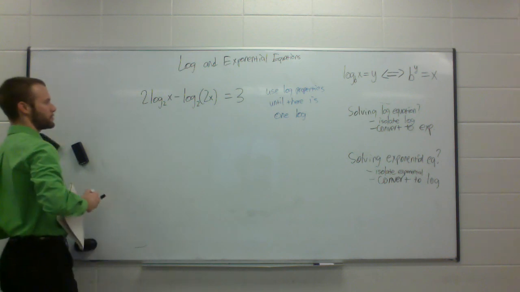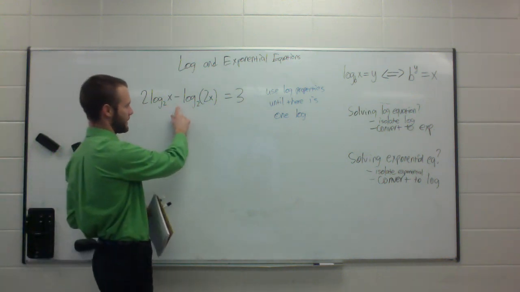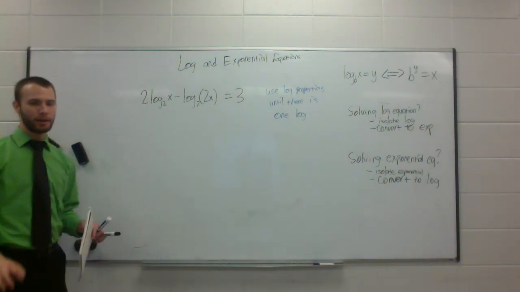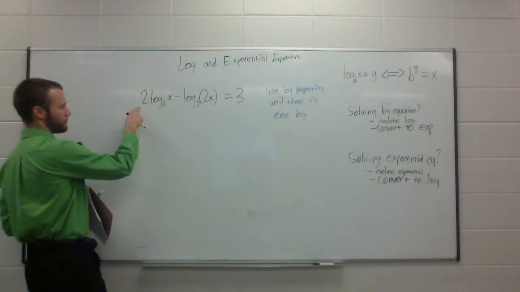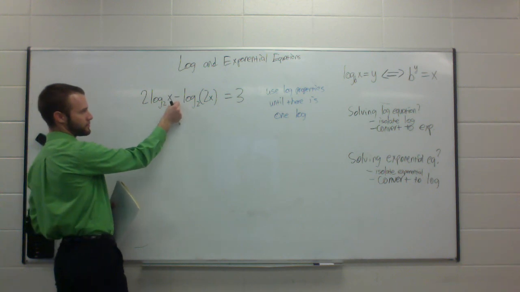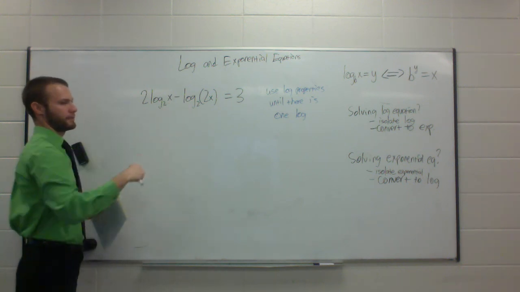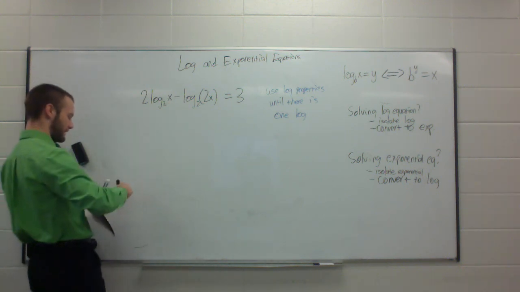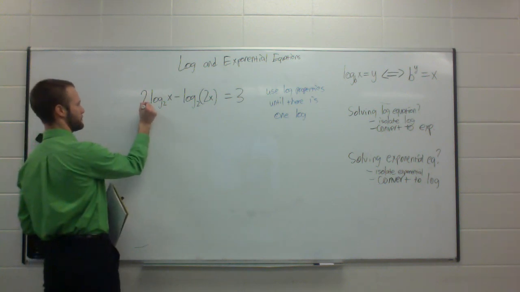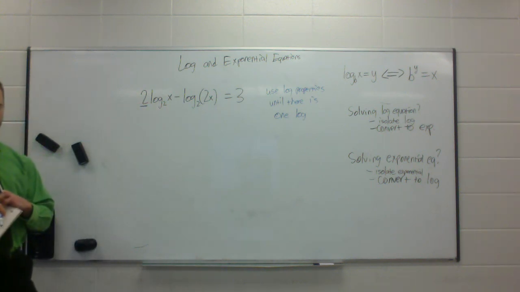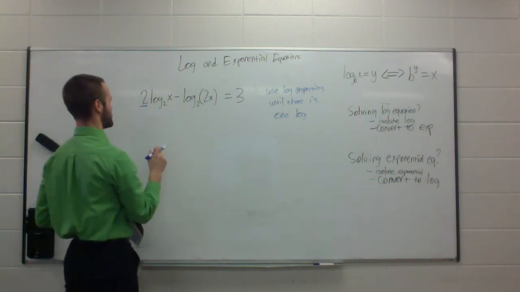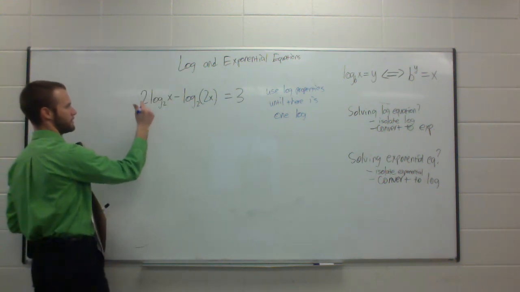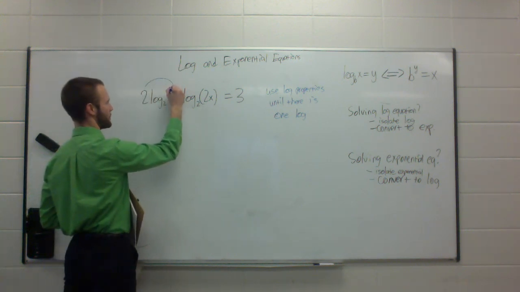So I have 2 times log base 2 of x minus log base 2 of 2x. Go and get out your log property sheet. Now, there's one property that says if I'm subtracting logs, I can divide the inputs. But I need to deal with this 2 first. There's another property that says when I have coefficients, I can move them into exponents inside of the log. So 2 can be moved to an exponent here.